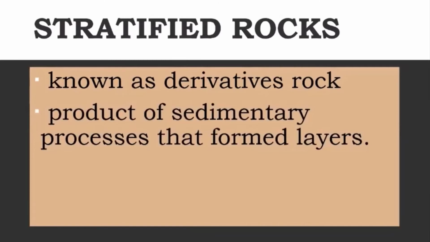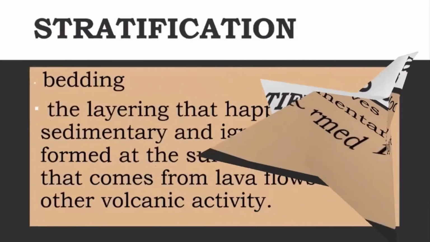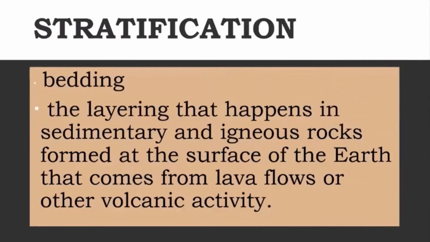And they call them stratified rocks, the product of sedimentary processes that form these layers. Stratification processes such as bedding, in which the layering that happens in sedimentary and igneous rock forms at the surface of the earth that comes from lava flows or other volcanic activity.